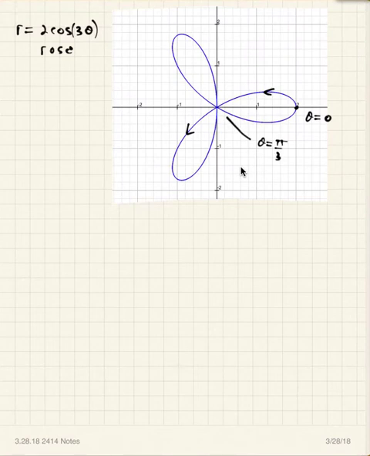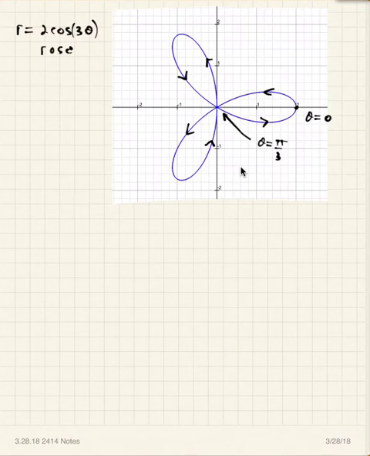And that's actually important information for us, that when theta is pi over 3, we're at the pole. So the graph starts off when theta is 0, at the point (2, 0) there. And then you go through 0, pi over 3, and then the graph goes smoothly through that curve, and the orientation looks like this. Right, this is how the graph gets traced out as you're going from 0 to 2 pi.